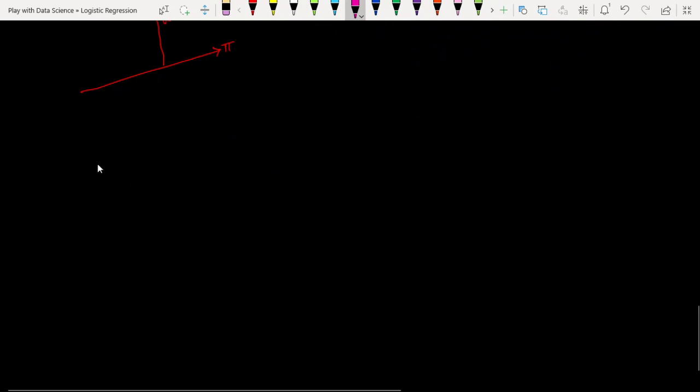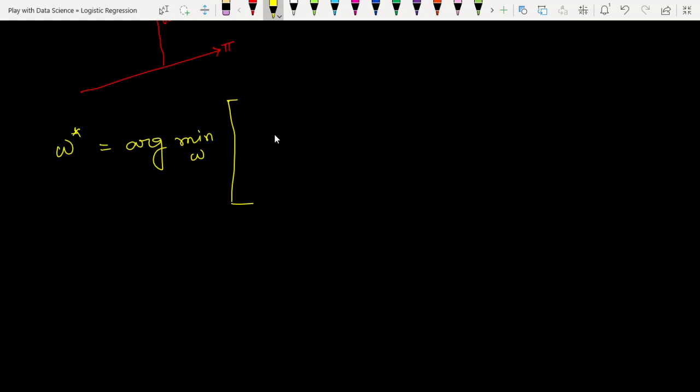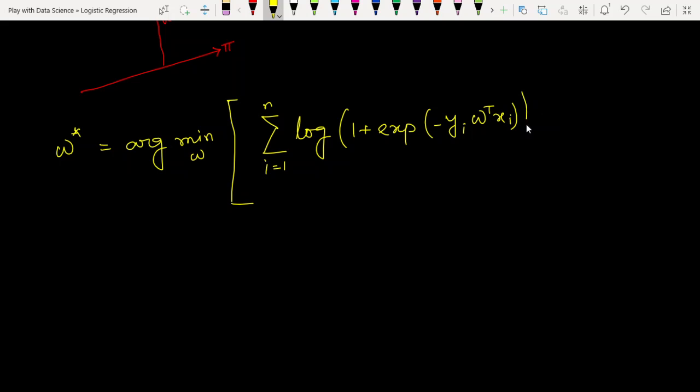Just write down what our regularization term will be: W star is equal to arg min over W of the summation of the signed distance, log of 1 plus exponential of minus yi W transpose xi, plus lambda W transpose W.